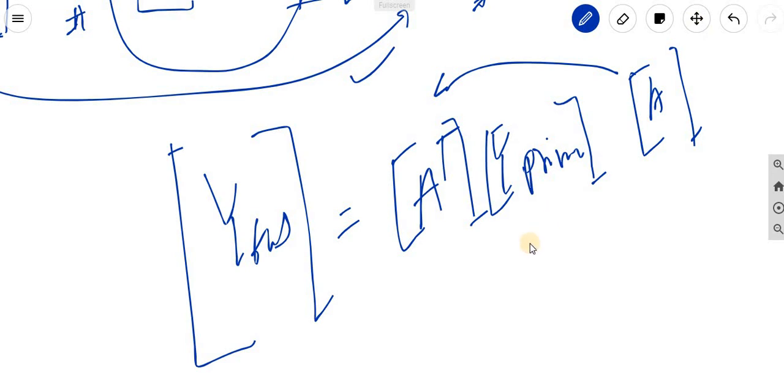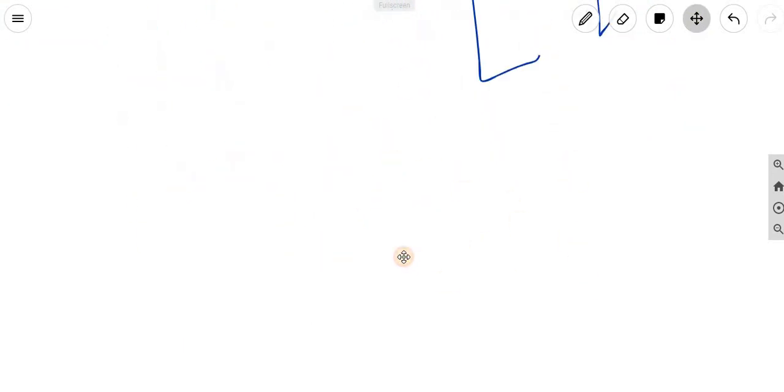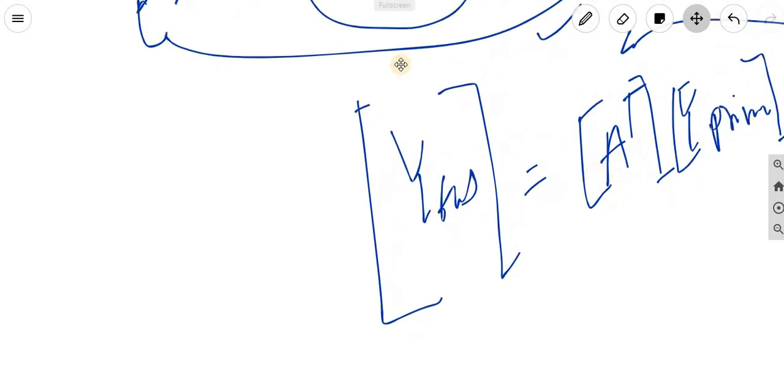Okay, so far what we discussed, in the singular transformation method you have to firstly find the directed graph for any particular network. If you find the directed graph, then you go for the incidence matrix. Okay, incidence matrix, what? The bus voltages related to the branch voltages.